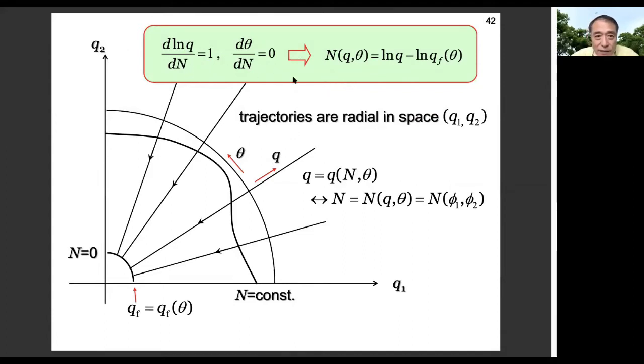And this automatically implies that you can write down the number of e-folds, which is essentially given by the log of this radial direction q.